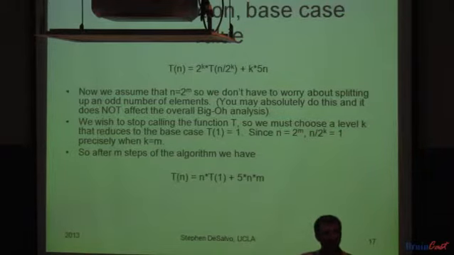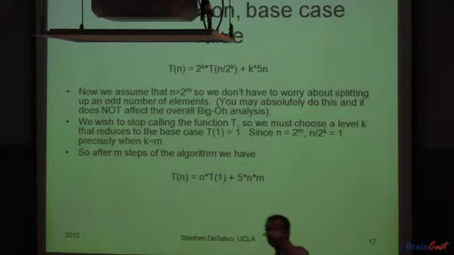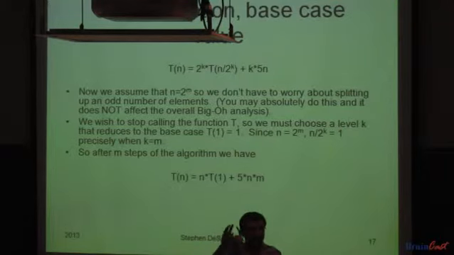It's going to stop precisely after the exponent, where n is 2 to some power. Okay? So if n is 1,024, that's 2 to the power of 10. It's going to stop after exactly 10 steps, or the exponent.